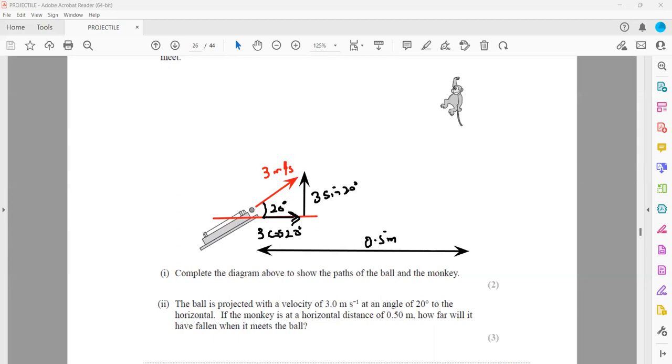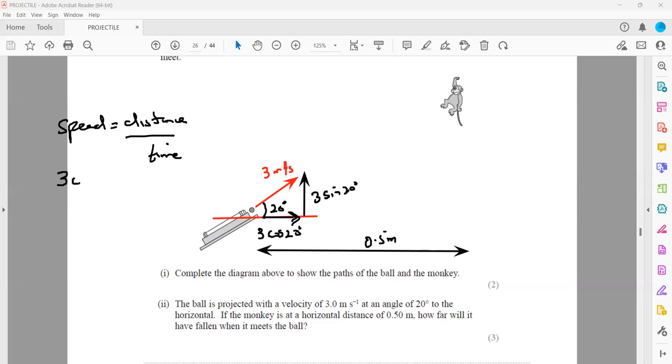Whenever we are using the horizontal speed, speed equals distance divided by time, because in the horizontal component there is no acceleration. So we always use this formula. If we take the vertical component, we have to use the equations of motion.